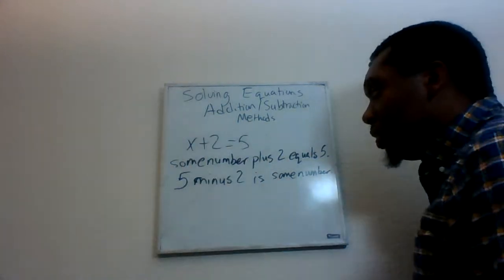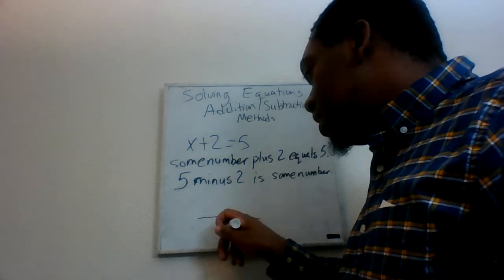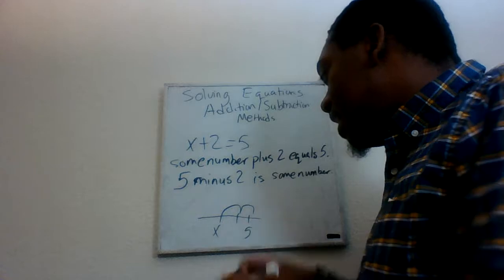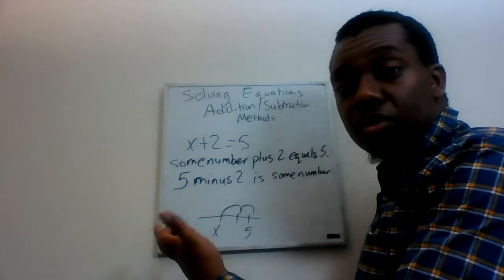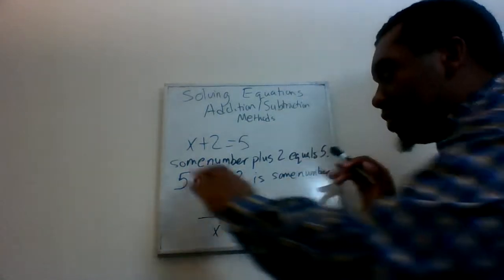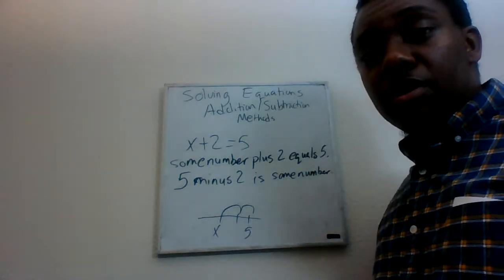If I add 2 to a number, say on a number line, here's where x is, and I add 2 and I'm at 5, the only way for me to go back is to go backwards, which would be subtracting 2. Okay? She understood that when it came to words, but not when it was written that way. And so she just changed the way it looked so she could work with it.